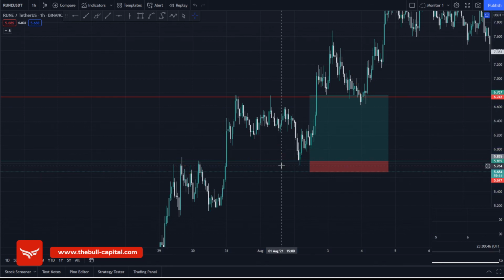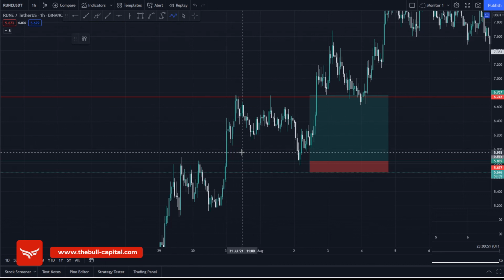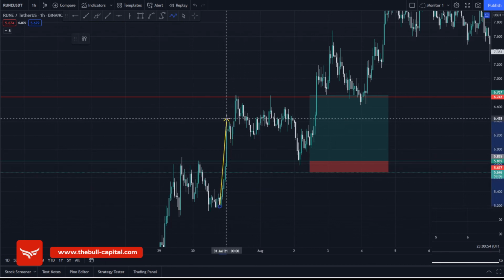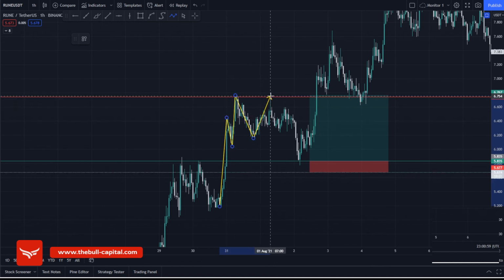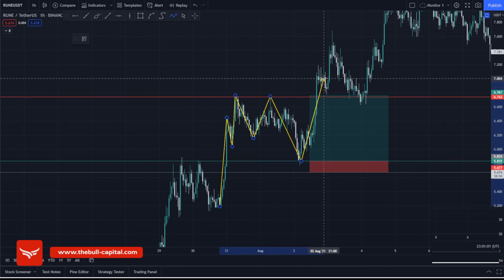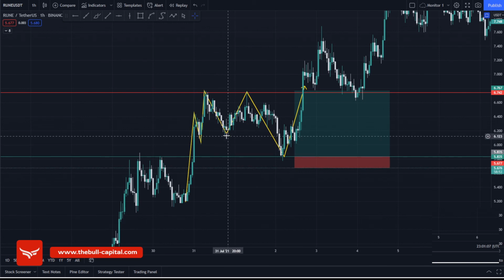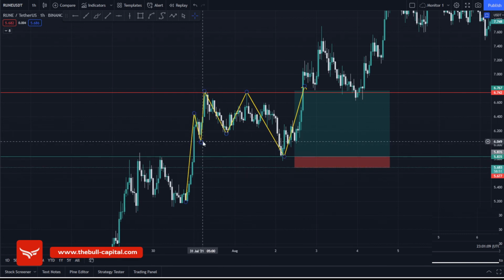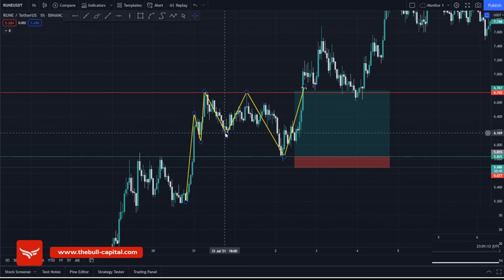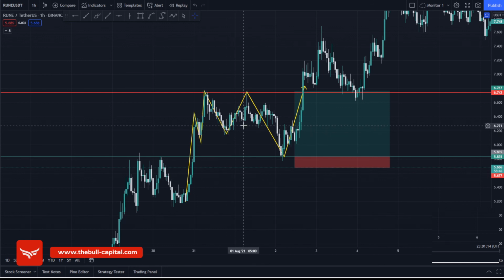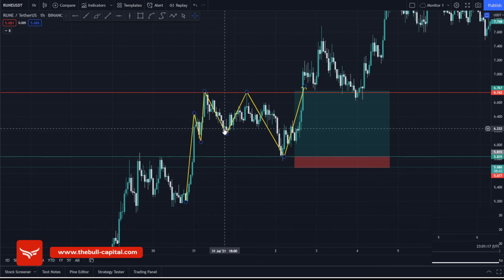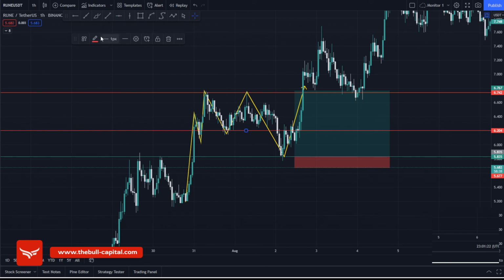Let me remove this one and let's mark them. Actually, I'm going to start from here. Now we have this valley here, and we also have this valley. So that means we can take profit here first.